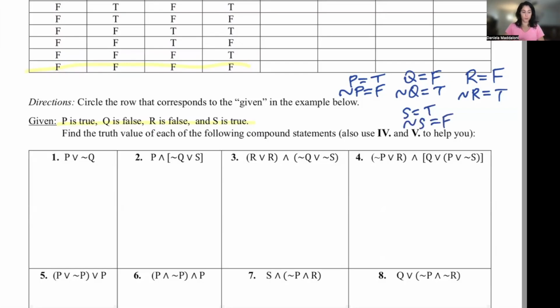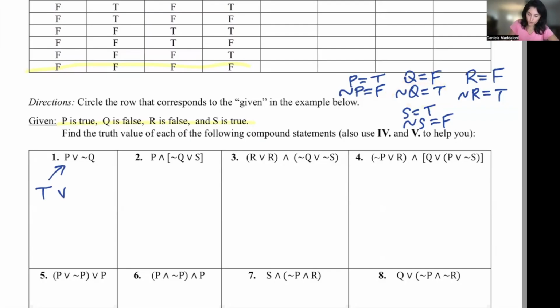So the first step is we're just going to substitute. That's all we're doing. If we look at number 1, P, we put the truth value as T. Then it says or not Q, and if you look up in our key, we put T for that.